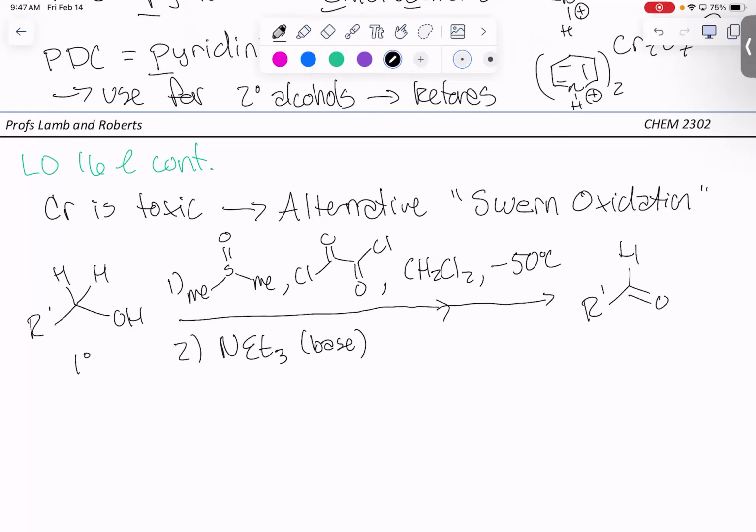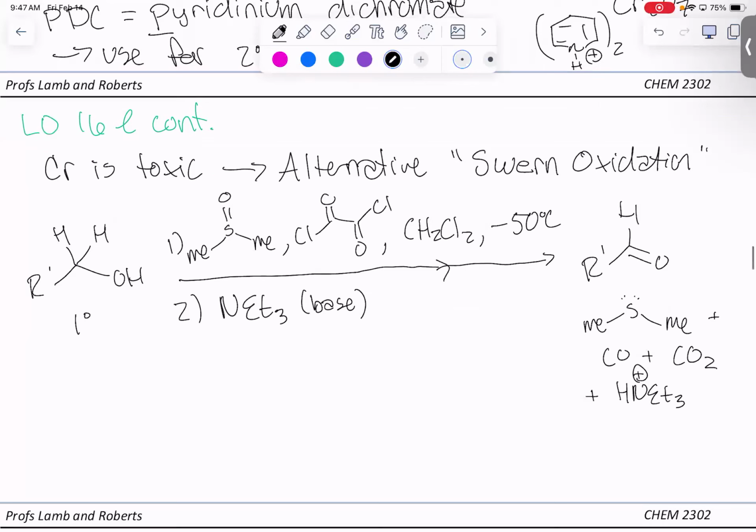The byproducts of this reaction, where does our oxygen come from to oxidize our aldehyde? It comes from the DMSO that we added in, which turns into dimethyl sulfide. We lose CO in this reaction. We lose CO2 in this reaction. And then we lose a proton in this reaction.